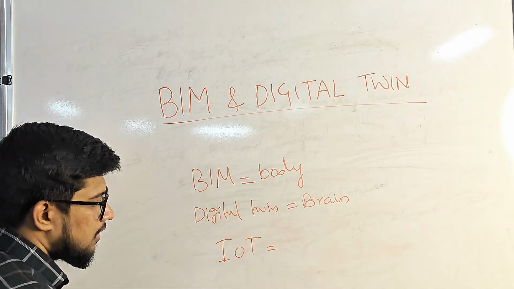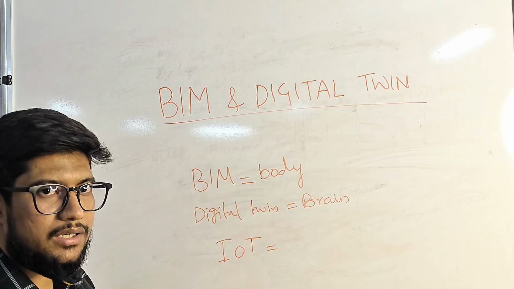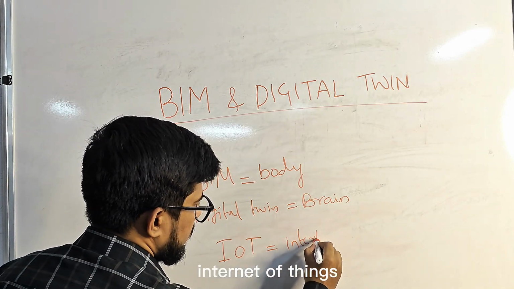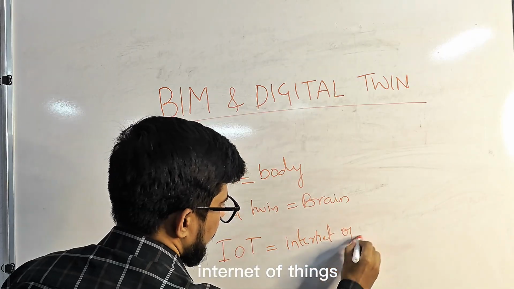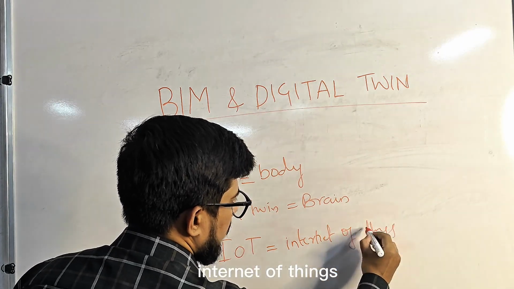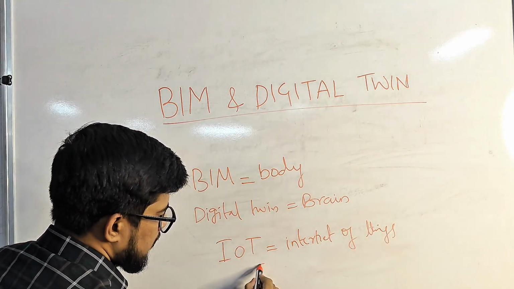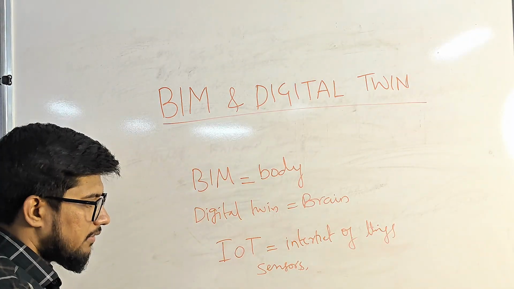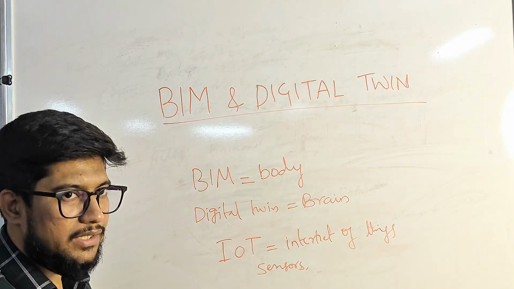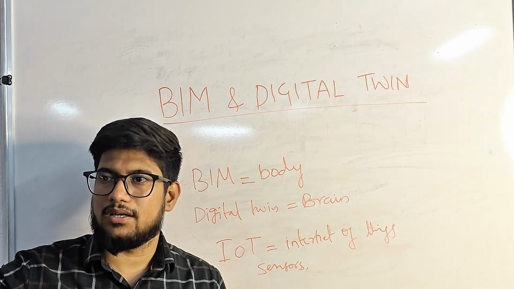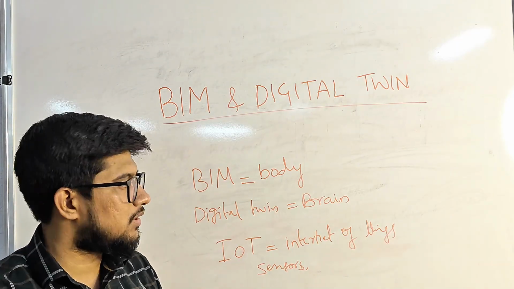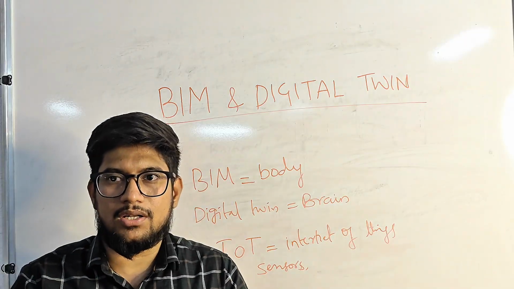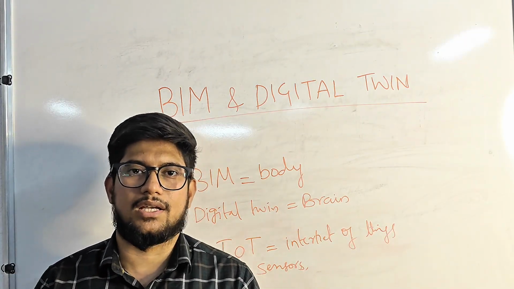I hope you have heard the term IoT somewhere. That is nothing but Internet of Things, okay. This contains sensors, some IoT devices which provide the data from physical elements or equipments to the digital elements in your BIM model. So in the model itself, we can easily track what is happening.